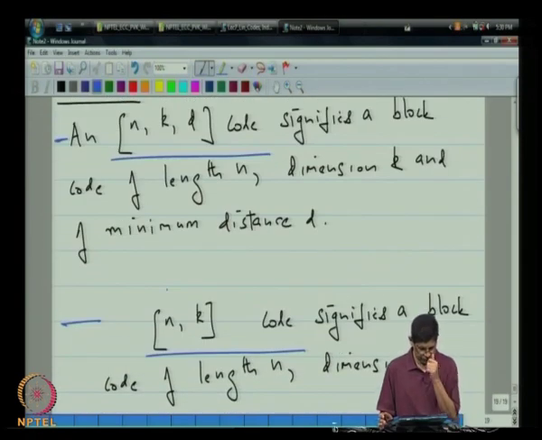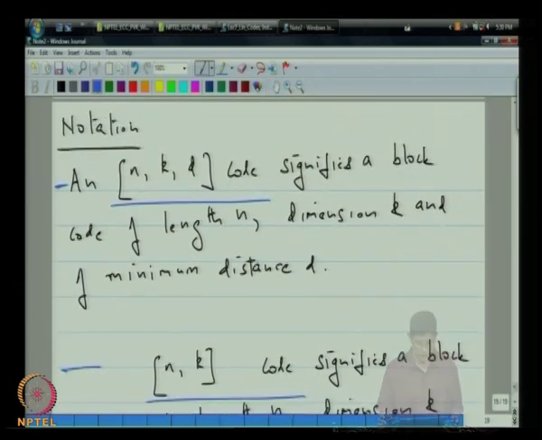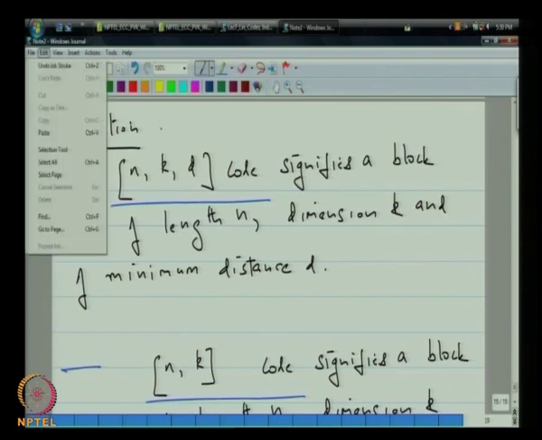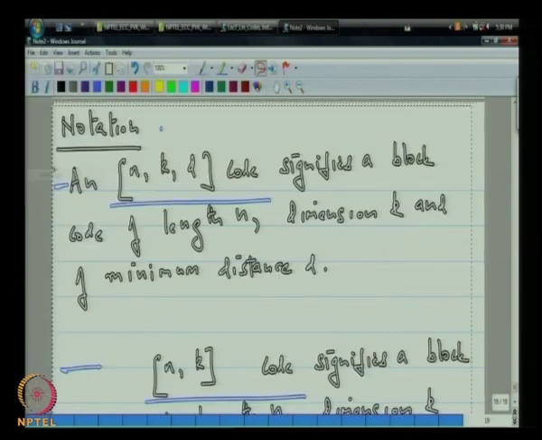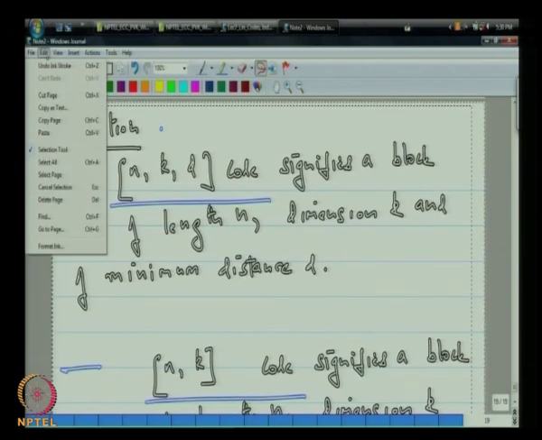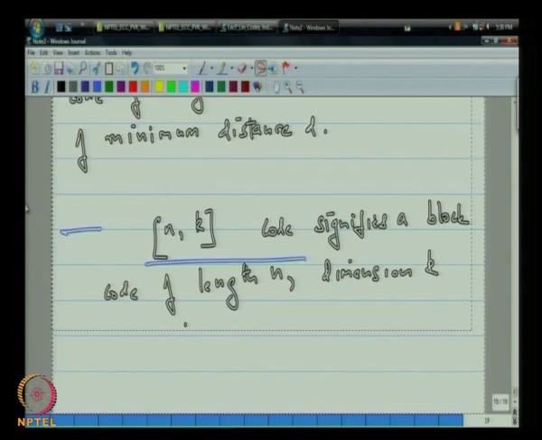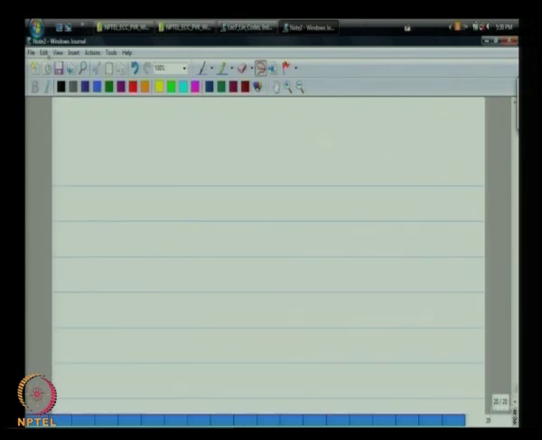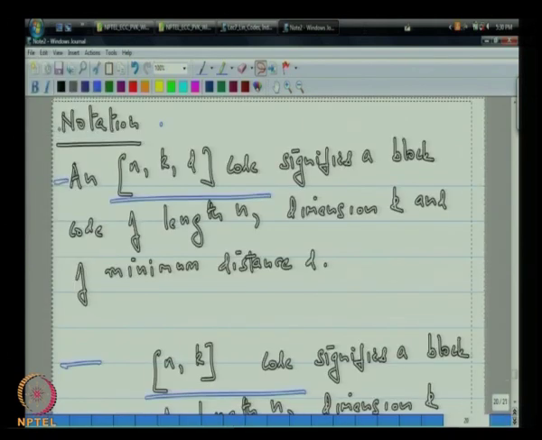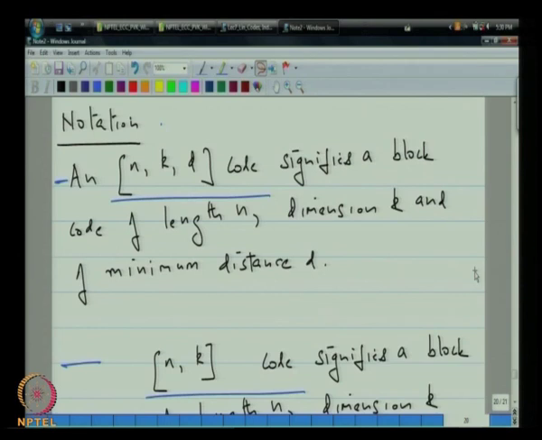Now, there is an analogous notion for the case when the code is not necessarily linear. I am going to give you the definition on the next page. So, what happens when the code is not necessarily linear?